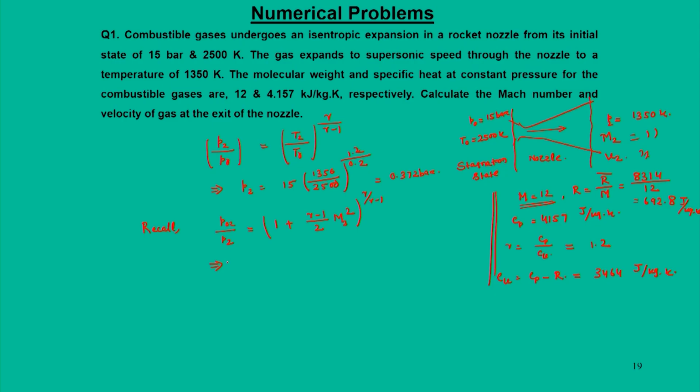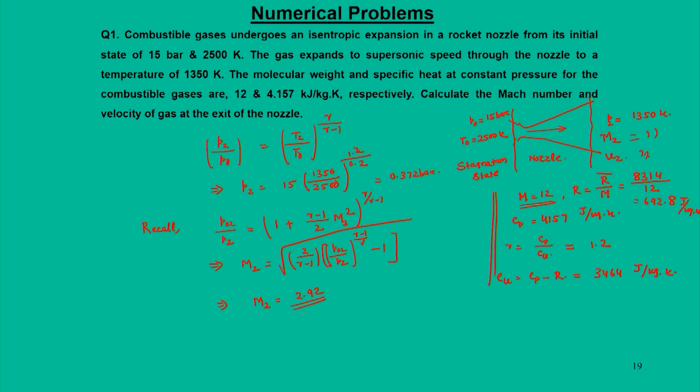So, this equation can be solved for M2, that is equal to square root of ((2 by gamma minus 1) into ((P naught 2 by P2) to the power gamma minus 1 by gamma) minus 1). So, we have all the values P naught 2, P2, then M2 can be calculated as 2.92.